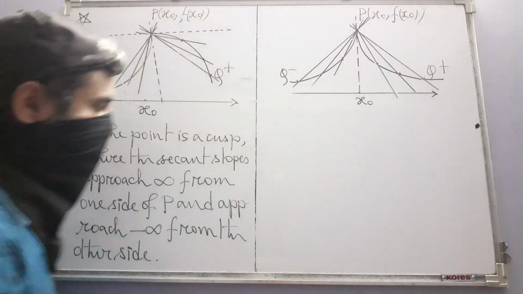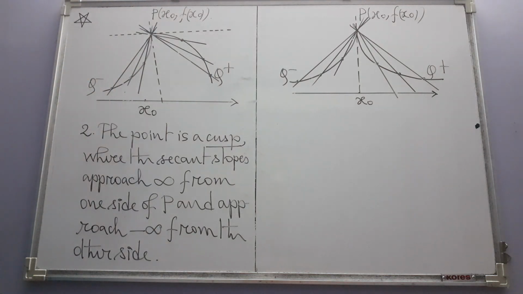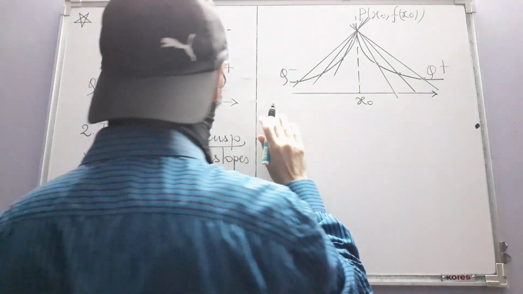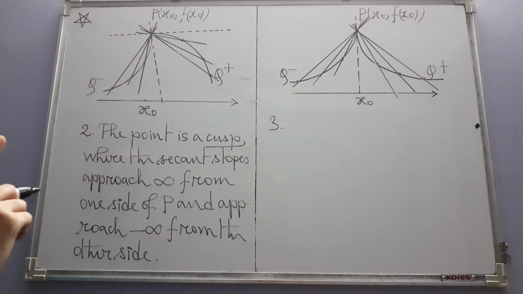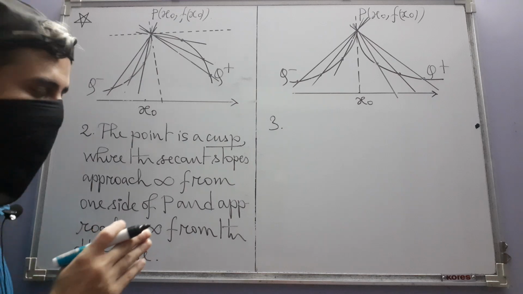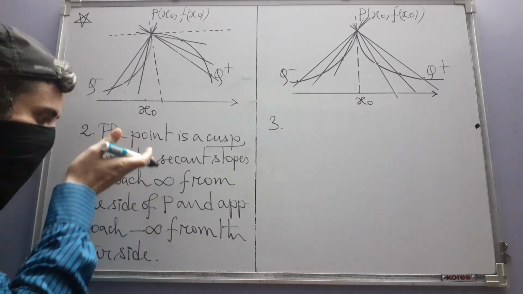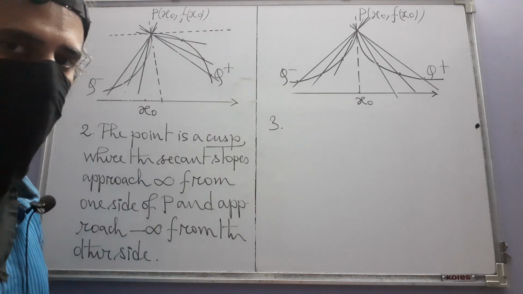So this is the situation where such a point is called a cusp. There is another situation. Note that in this case, going back to the section where we studied tangents, when this happens, we do not say that the graph has a tangent at that point.